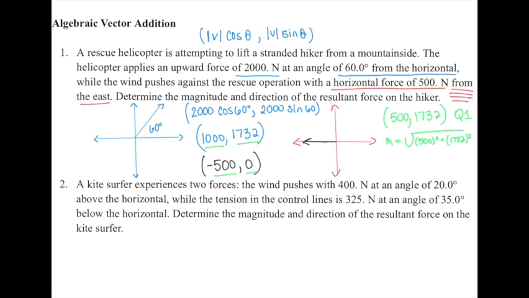All right, so I'm going to write down 1802. We'll talk about it in just 1 second. 1802 newtons. All right. How do I get direction? Inverse tangent of my Y over my X. What do I get there? 73.89 is what you get.